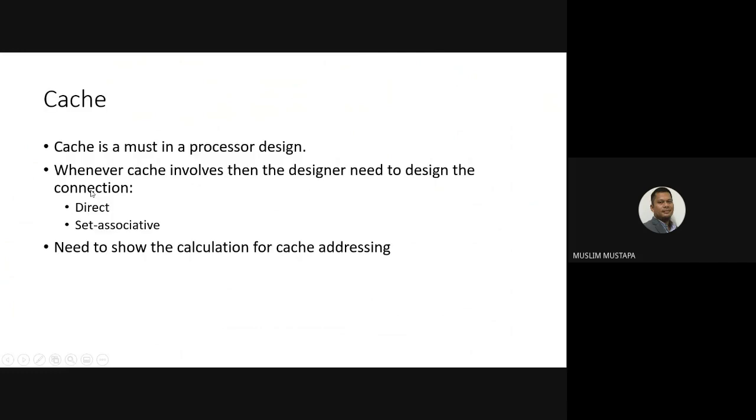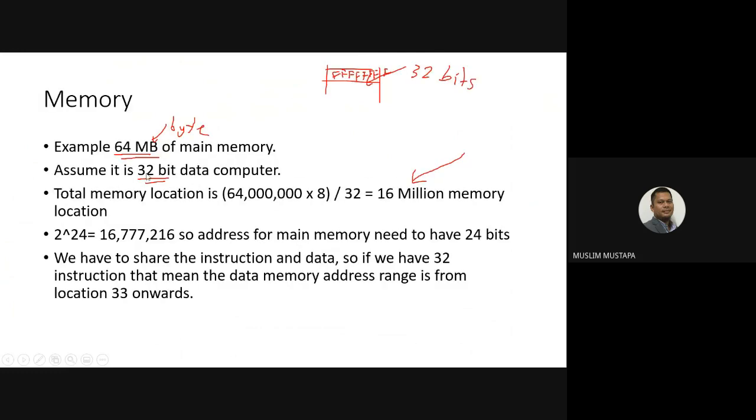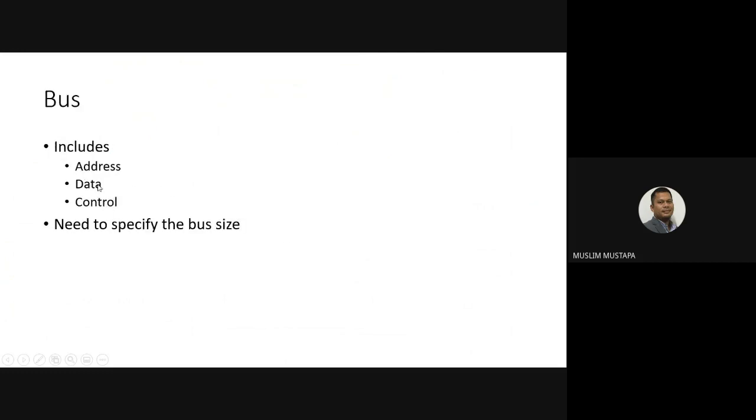For data, it depends on the processor. Let's say we are designing for 32-bit data, then our data bus is 32 bits. For control, you don't have to specify because this goes into the detailed design, but you can say it might be in the range of 0 to 10. We cannot say the exact size, but it's going to be more than one, not just 0 and 1. So for the bus you need to specify the bus size.